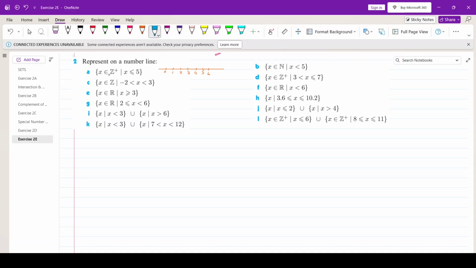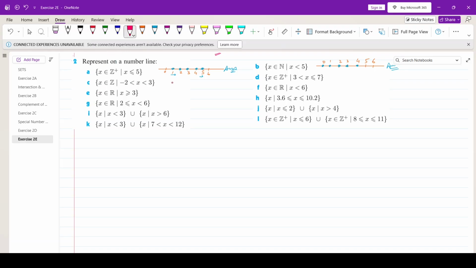A set of all positive integers means it will start from 1 and go up to 5 and end there. Therefore, all the numbers 1, 2, 3, 4 and 5. This is our answer. Part B says, a set of all x such that x is a natural number less than 5. Points will be 0, 1, 2, 3 and 4. This is our answer.